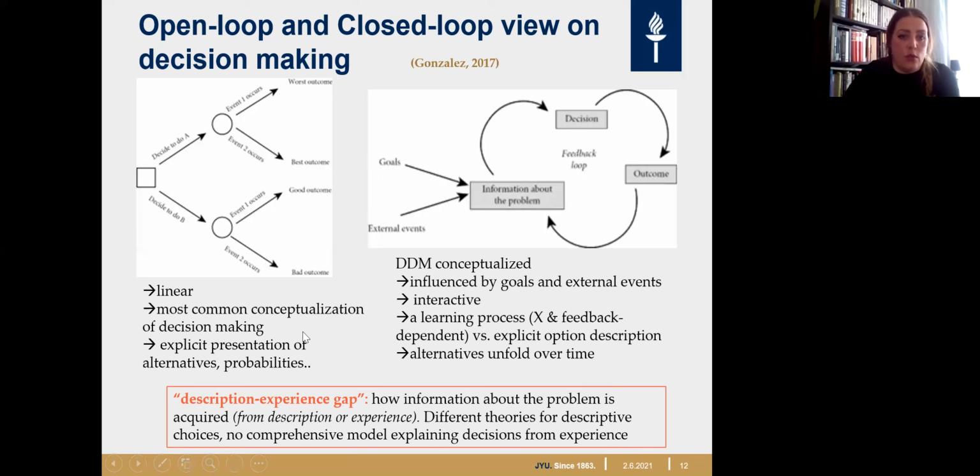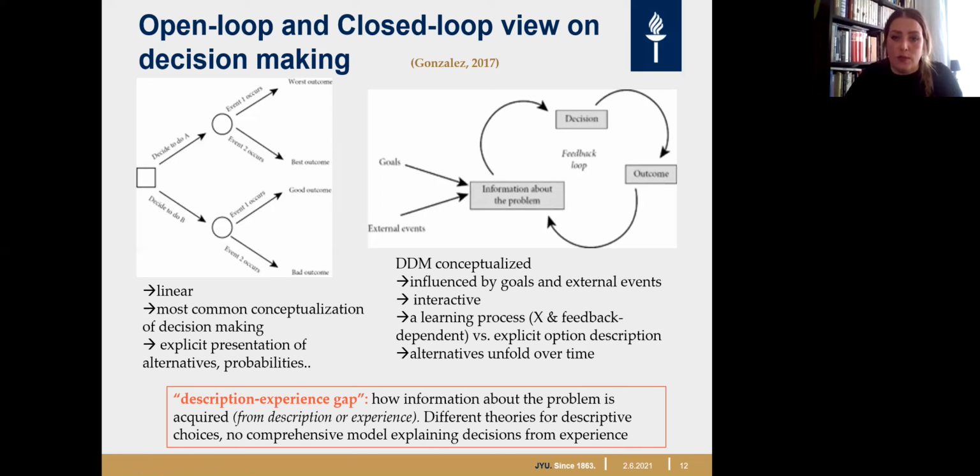It's the most common conceptualization of the decision making process, and it's based on explicit presentation of alternatives, probabilities, and consequences of outcomes. Then the closed loop view here on the right, which Gonzalez is in favor of, represents the dynamic decision-making process.